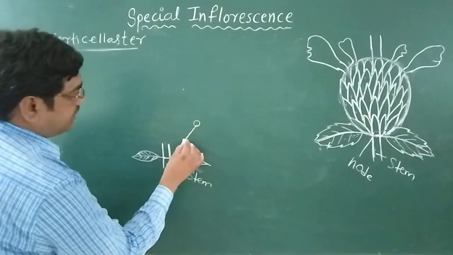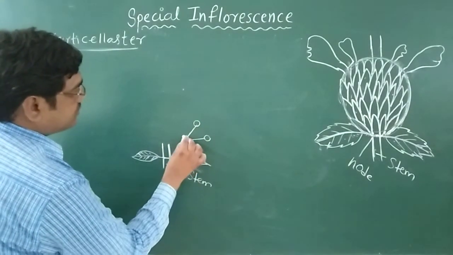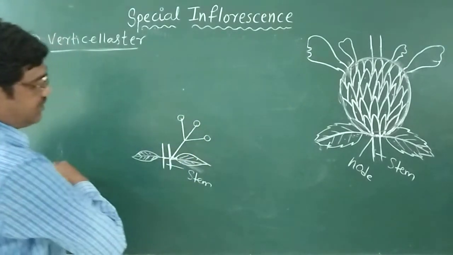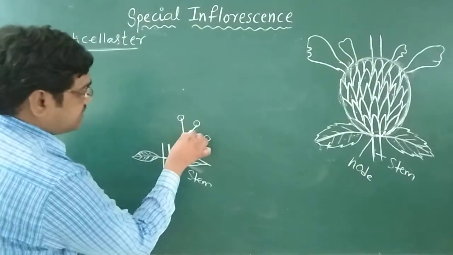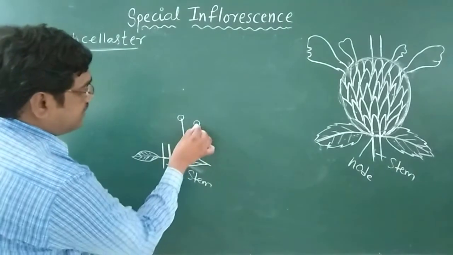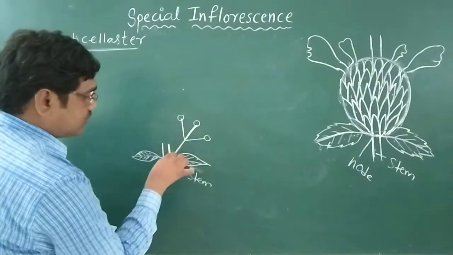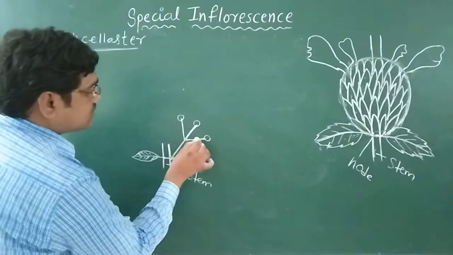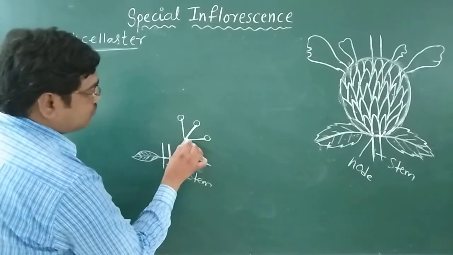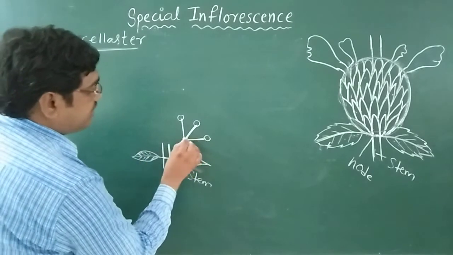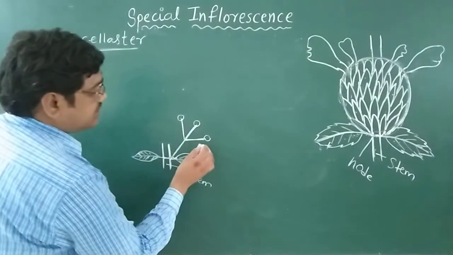First the dichasial cyme is formed. This is the dichasial cyme. This dichasial cyme is terminated with two monochasial scorpioid cymes. What is a scorpioid cyme?